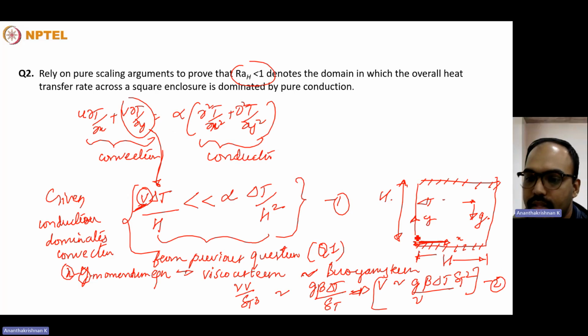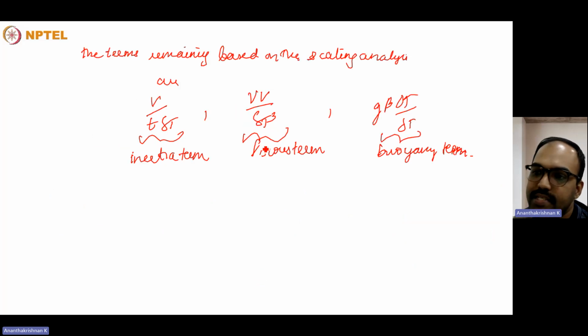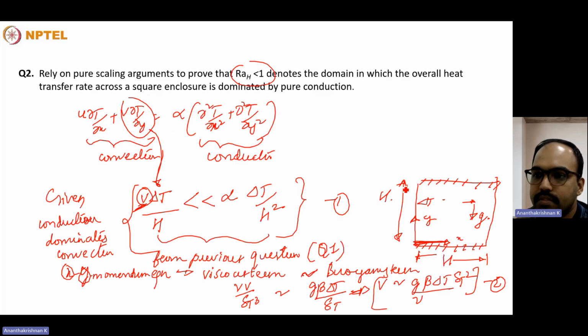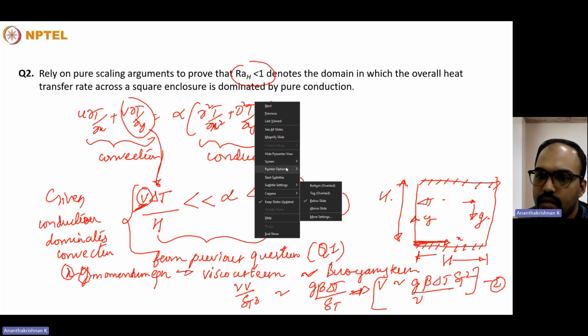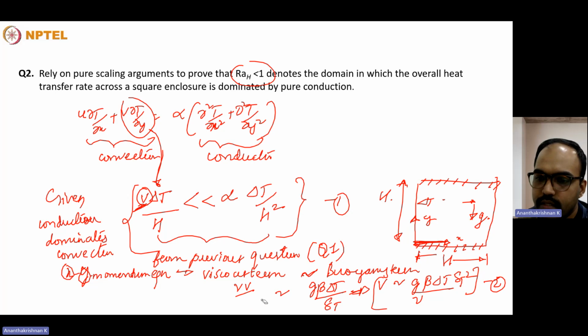I beg your pardon, there's a small correction. In the previous case, we had scaled the bottom terms in terms of delta t cubed, both of them. But in this case, since this is a pure conduction case, the dimension can be scaled according to the full length because there is no convection as such. So the scaling terms in the denominators will be with respect to h.